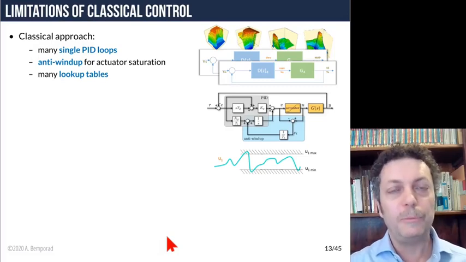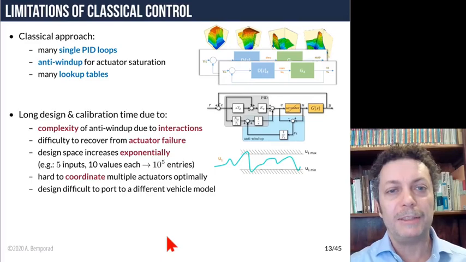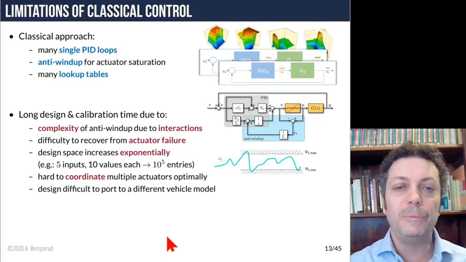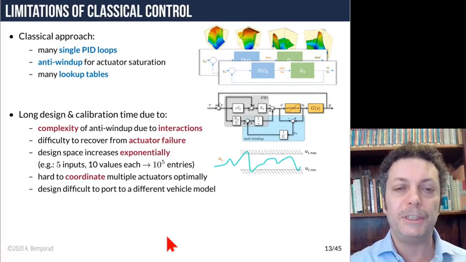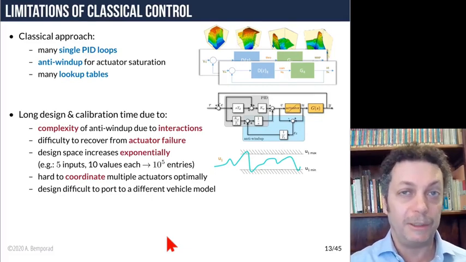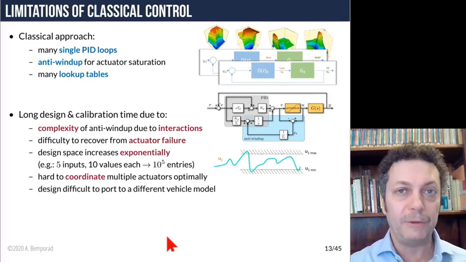So you can achieve good performance in closed loop with the classical control, but the drawback of this approach would be the complexity of the design. If you think about having several actuators to coordinate, then the number of interactions is high, and you have to deal with all these types of interactions.